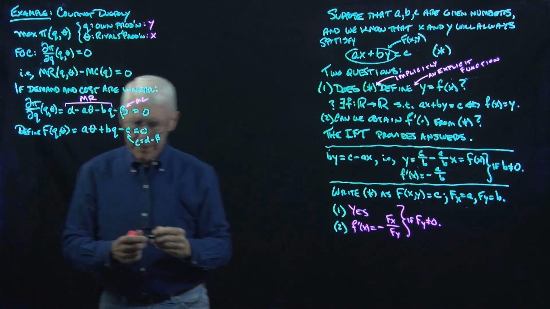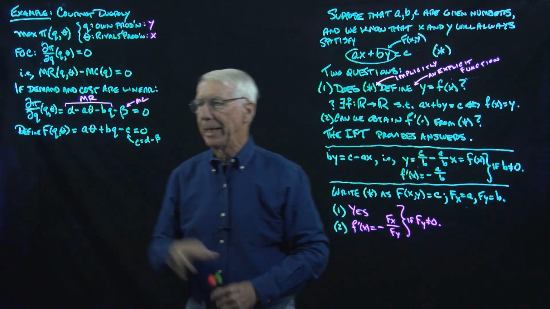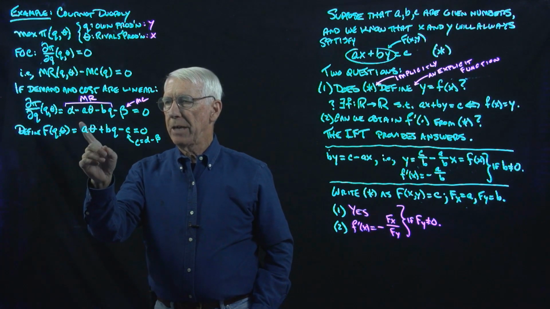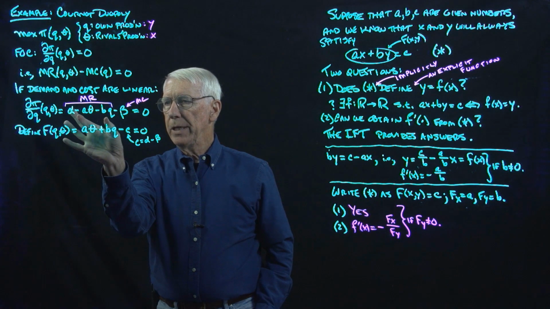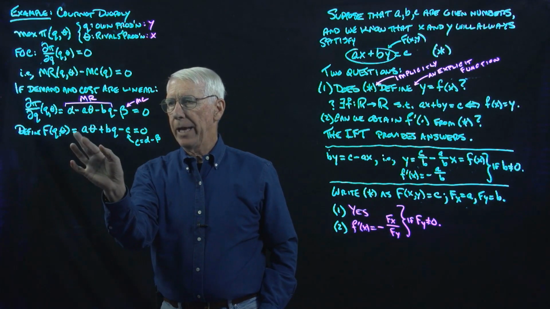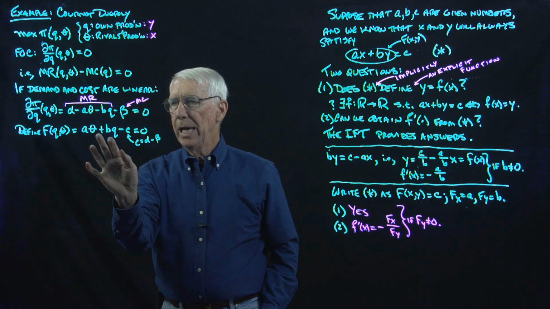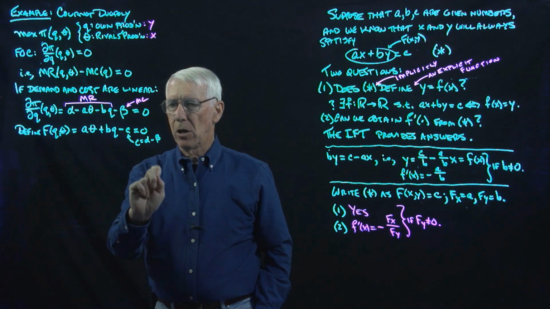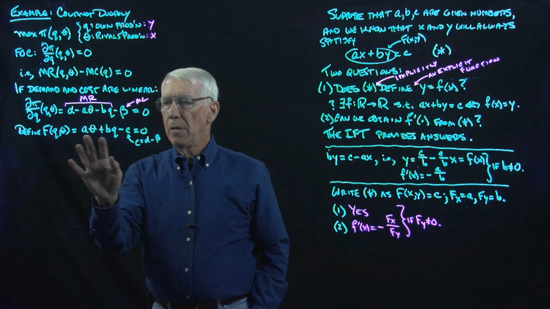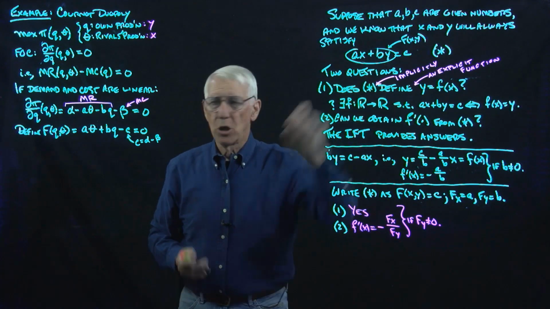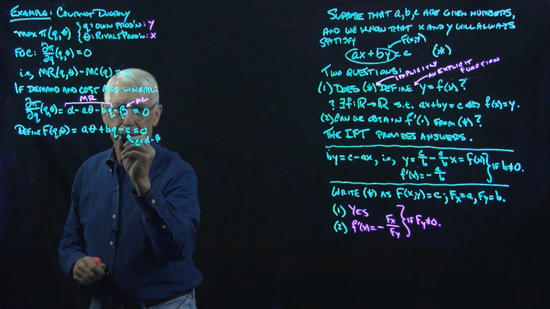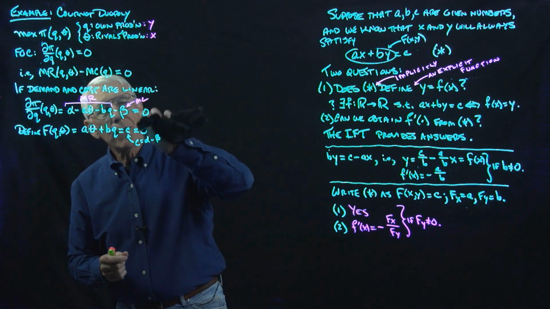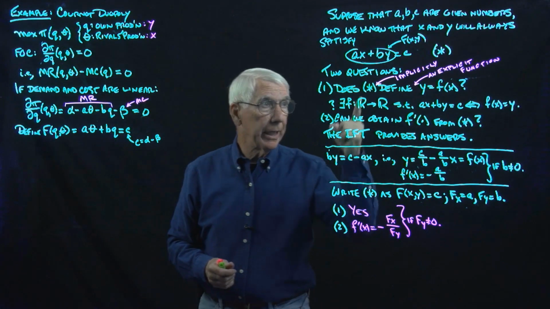Okay, so let's just make sure that I did the arithmetic right here when transforming this expression on the left. So what I've done is I've said I'm going to pull these two terms over to the right. That's A times theta plus B times Q. And then I'm going to say that has to be equal to alpha minus beta, which I'm going to call C, and then I've pulled that over here too. So this is the same as this over here, and let's take this off, so it looks even more like what's over here.